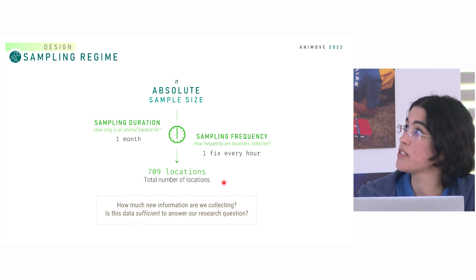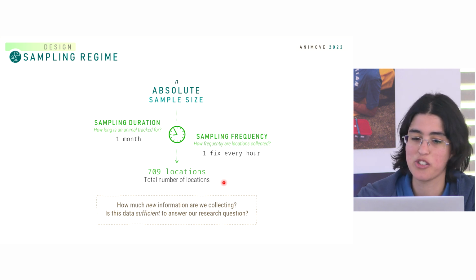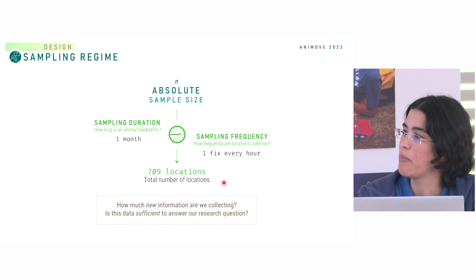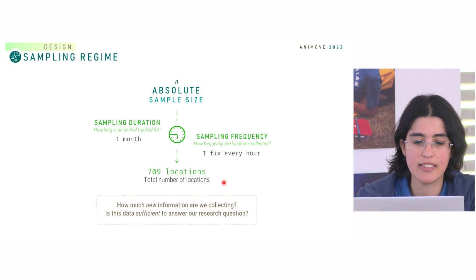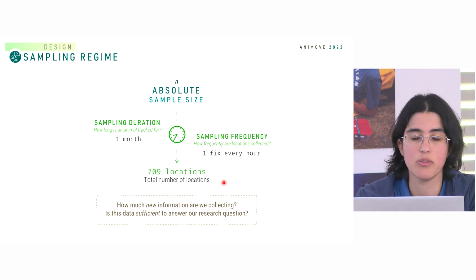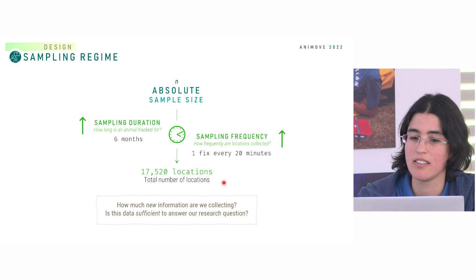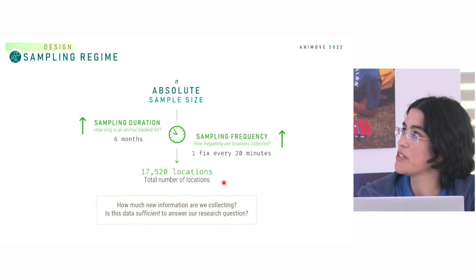So we already know that we want as many locations as possible, but how much new information are we collecting, and is the data sufficient to answer the research question? Ideally, what most people want is to increase the sampling duration and increase the sampling frequency.